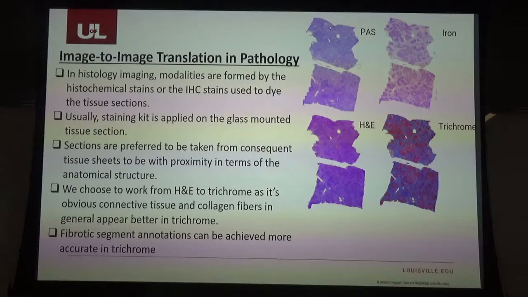We don't need to translate because sometimes in a specific domain we can have separable classes. So the annotation itself can be significantly facilitated from one domain to another. For instance, we have the hematoxylin and eosin stain.